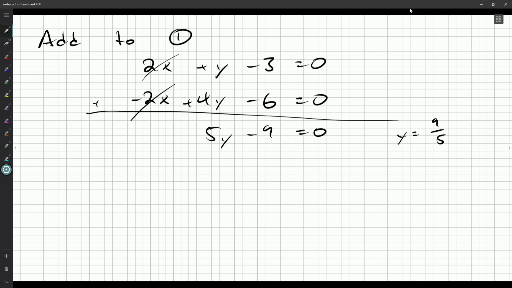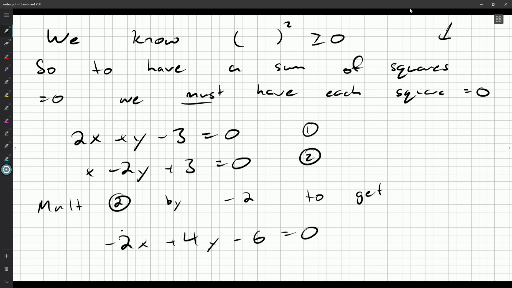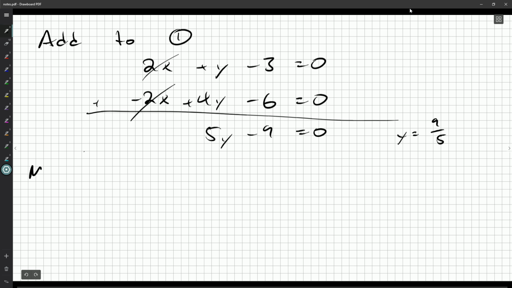Now you could probably sub that back in and solve for x. Instead, I'm going to multiply equation 1 by 2. So we'll get 4x plus 2y minus 6 is 0.